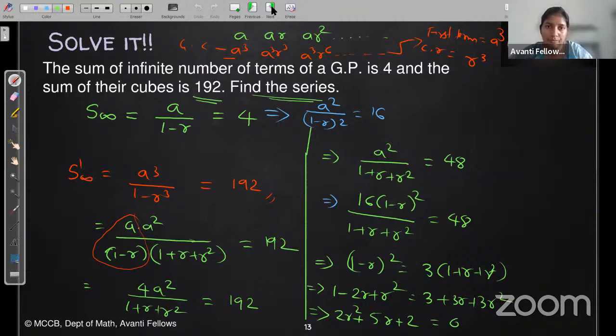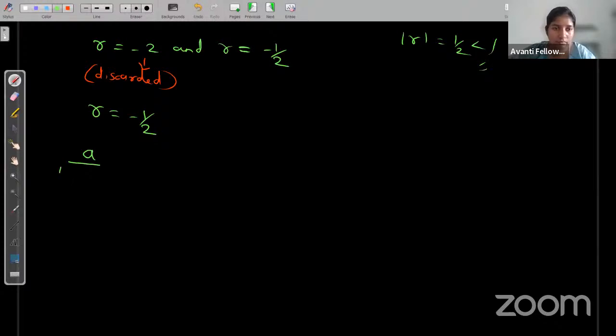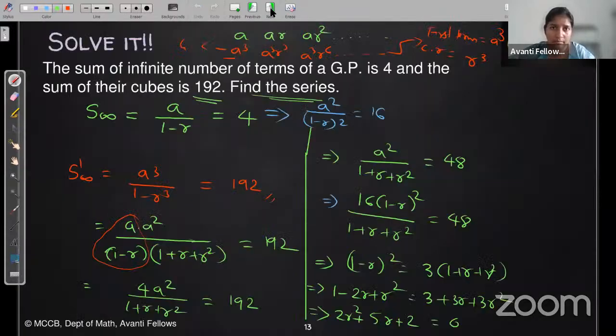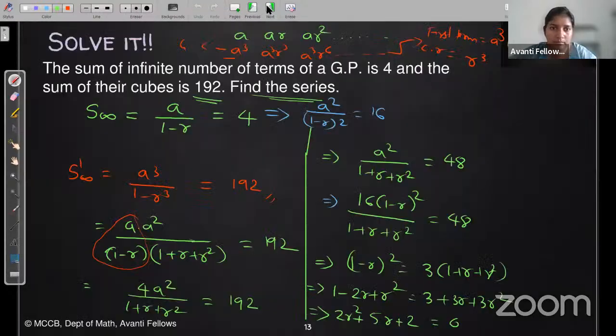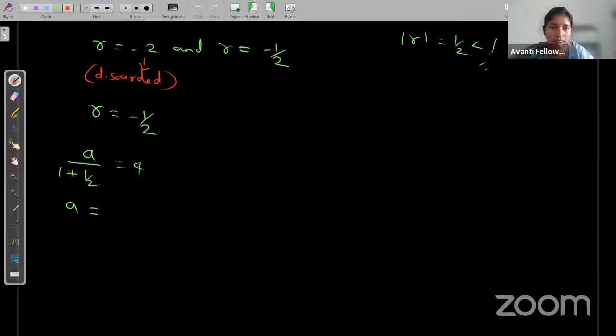We will get the a value. So a will be equal to 6. Correct?